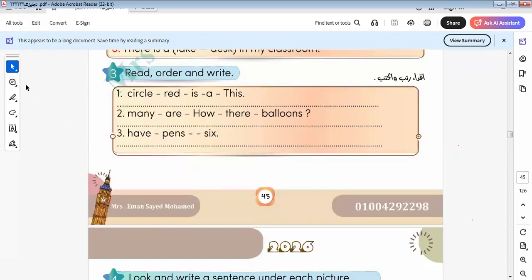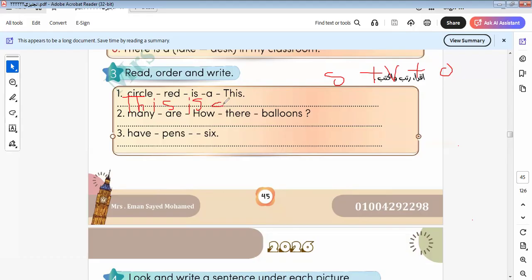Let's do this exercise together. Here is subject plus verb plus object. This is the component of a sentence. Let's do it together. I would like to say that when we put the color before the noun, the color is treated as an adjective. Here it will be: this is a red circle.